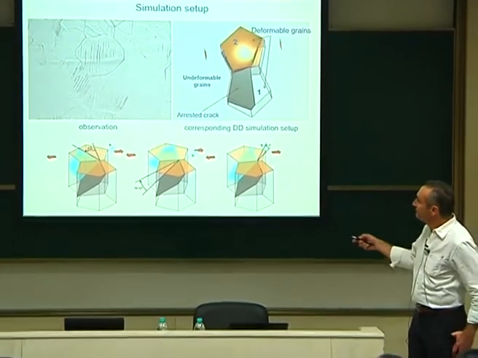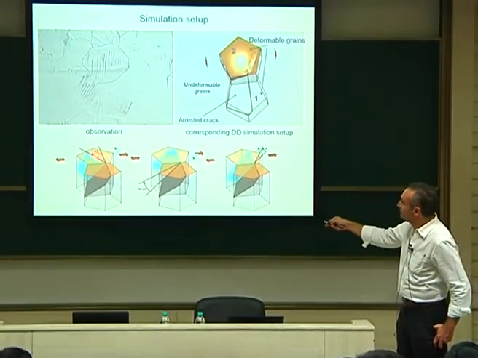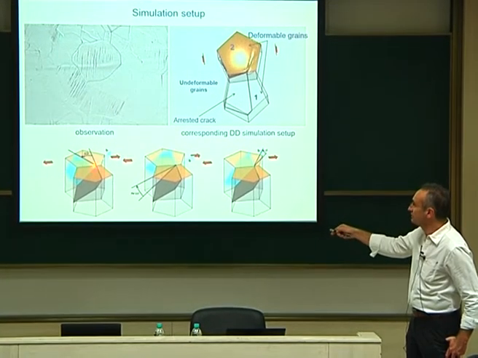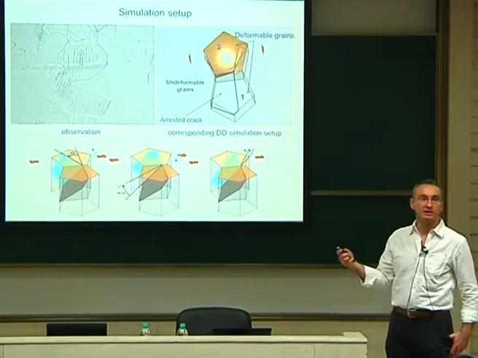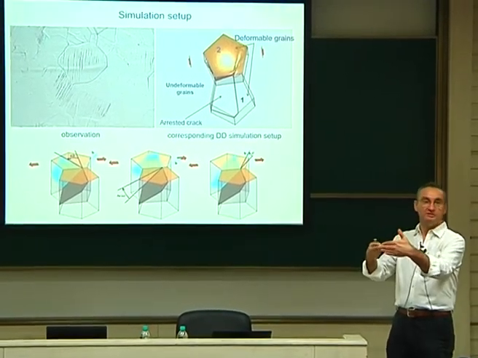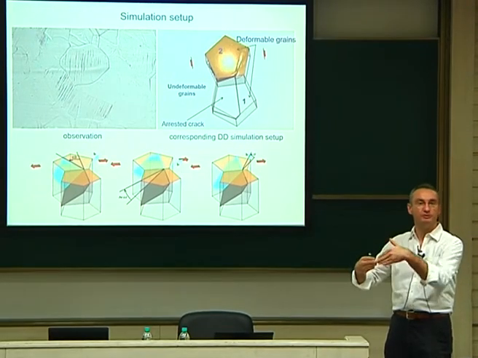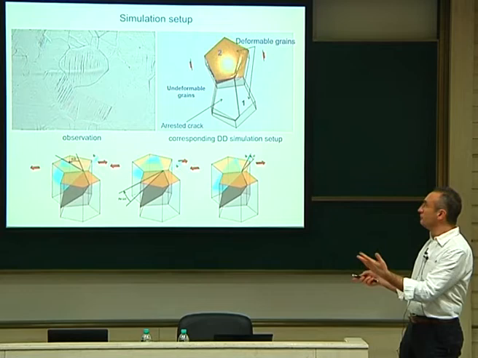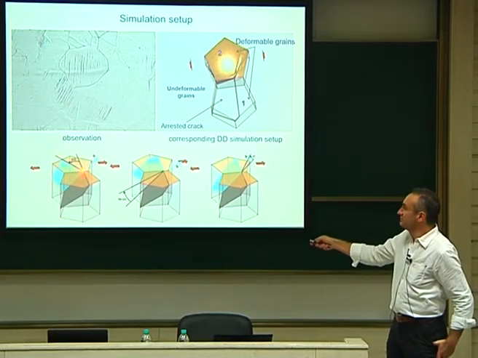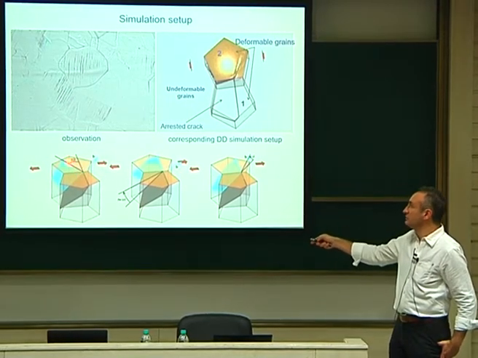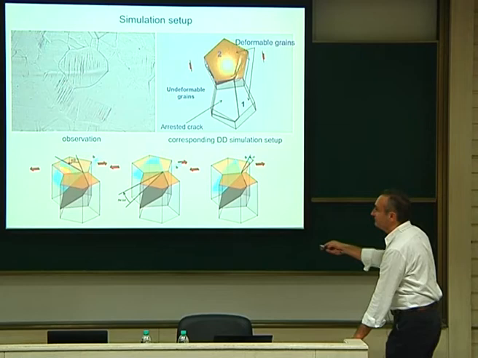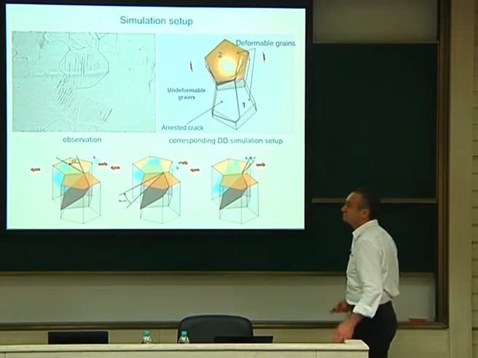So those are defined between the blue, which is the persistent slip band in one grain, and the second, which will be the crack in the next grain.